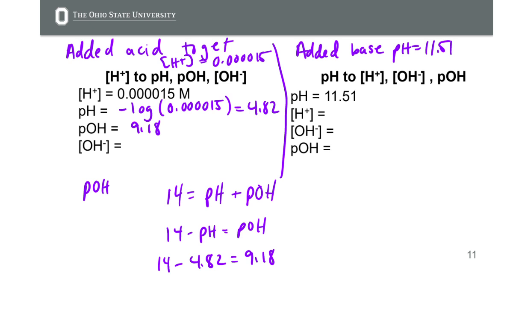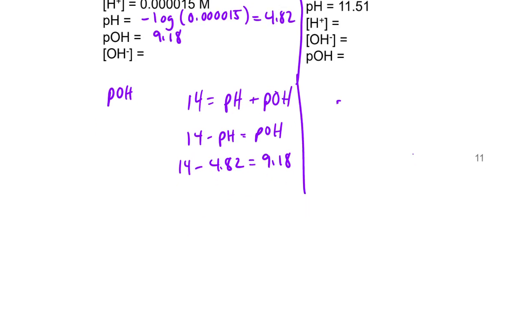There are actually 2 ways of solving for OH minus. I will show you the one that probably was the most obvious first, and that is that OH minus equals Kw over H plus.